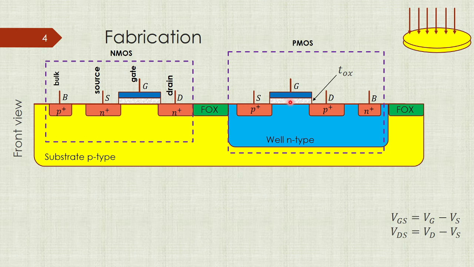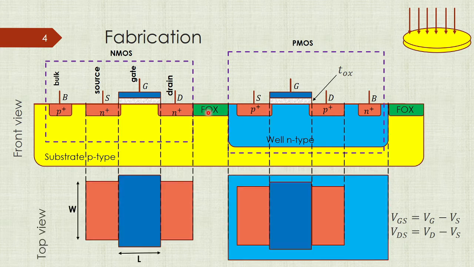Again, we will have an oxide and polysilicon to connect the gate terminal. For the N well, the connector will be created by generating a highly doped n-type semiconductor for the bulk. And we have some insulators between the transistors, which is called FOX.